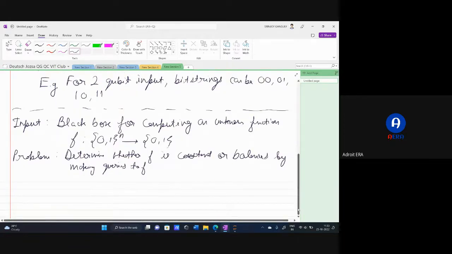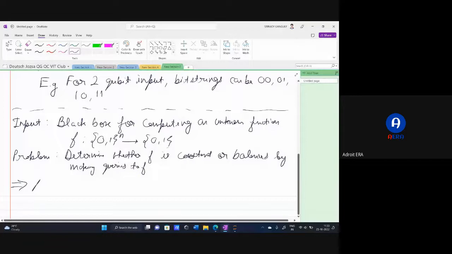Okay, determine whether f is constant or balanced. It's the same problem statement which we saw in Deutsch algorithm. This is not different. The difference will come in the inputs. The inputs which we are providing will be different. This time it will be multiple qubits.